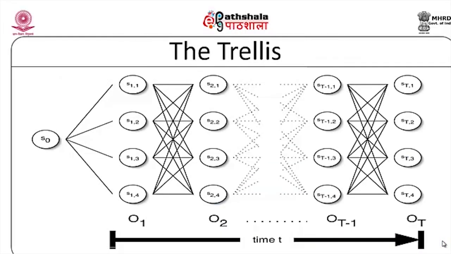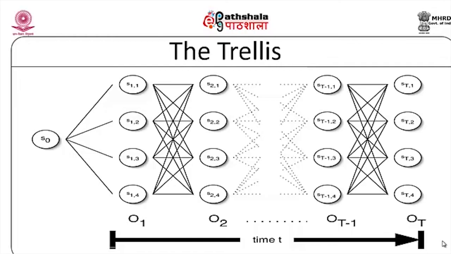Now, normally this hidden Markov model is represented using a trellis. This is the trellis diagram. You have an initial state S0 and from S0 you can go to S11, S12, S13, S14. This is just to tell you that it is at state 1, 2, 3, 4 at time 1.